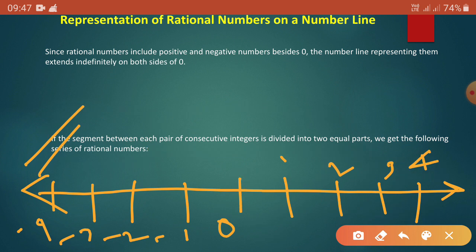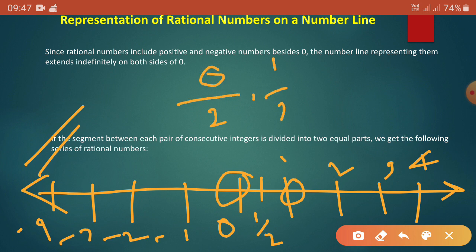If it is 0 and 1, in between it is 1 by 2. So we start from 0, that is 0 by 2, then we have 1 by 2, then 1. 1 we can write as 2 by 2, which is the same as 1.